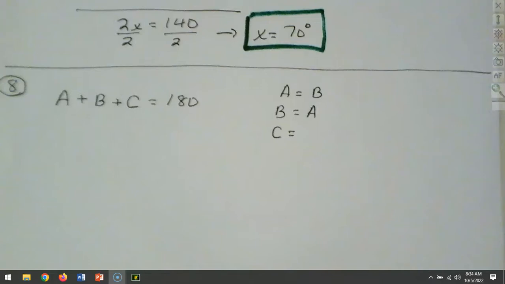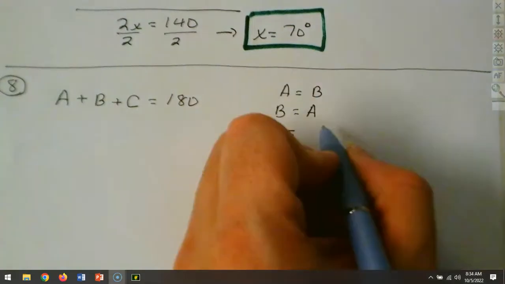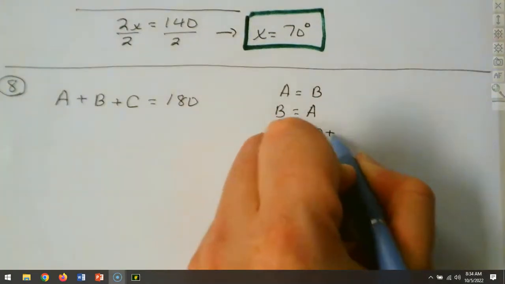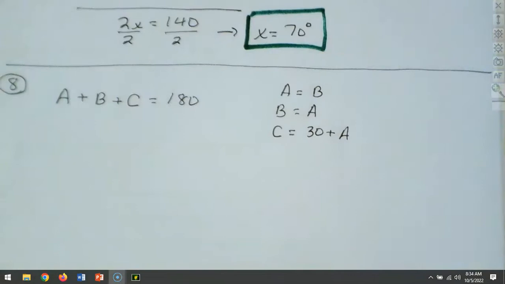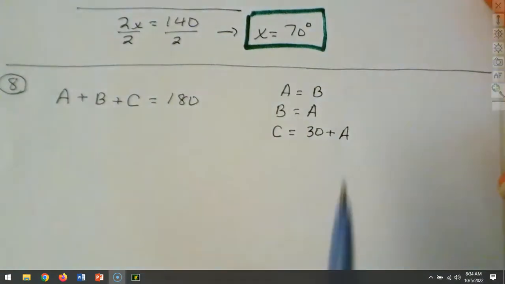It says the measure of angle C is 30 degrees larger than each of A and B. And why does it say for each of A and B? Because A and B are the same. So what is this basically saying? This is basically saying that C is going to be 30 degrees larger than A or B. So that's 30, and we'll just use plus A. You could use plus B, it doesn't matter, as long as we've got the variables defined.